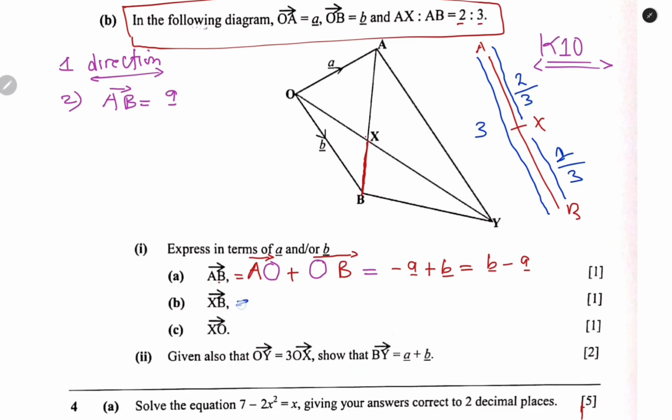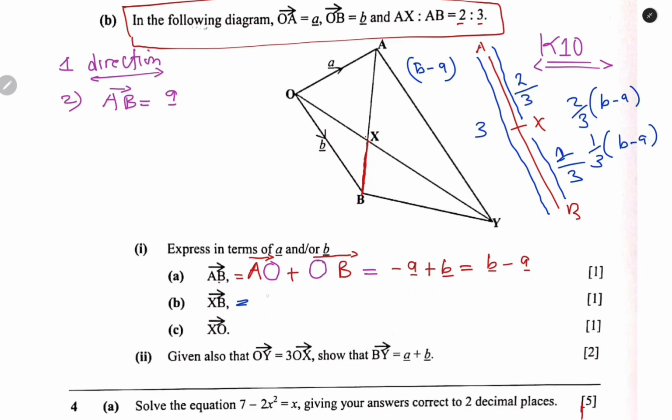So now, XB. What is XB? So for XB, and we found AB. AB we found that is B minus A. This is AB. Okay. But in terms of ratios, AX is 2 over 3 B minus A. Then 1 over 3 B minus A. That is the XB.